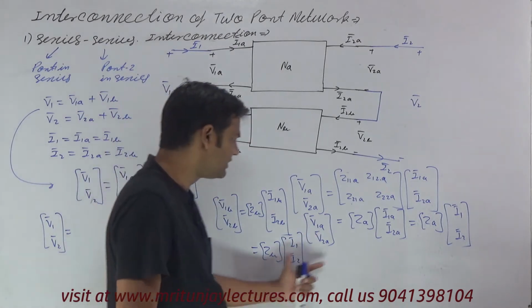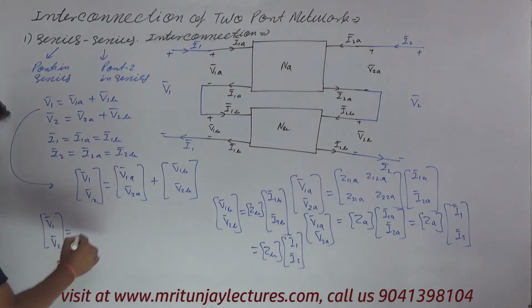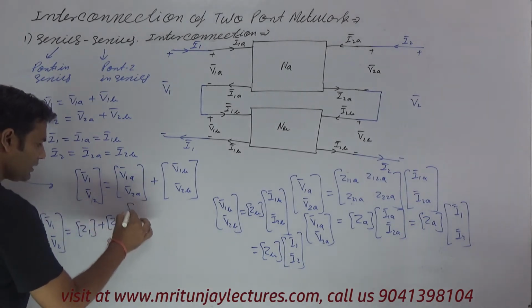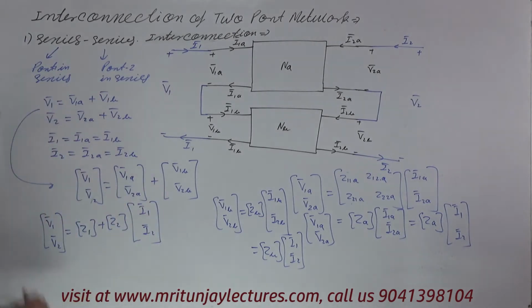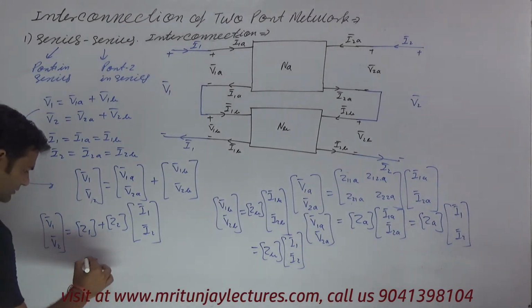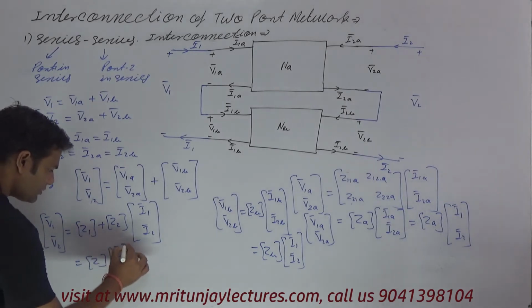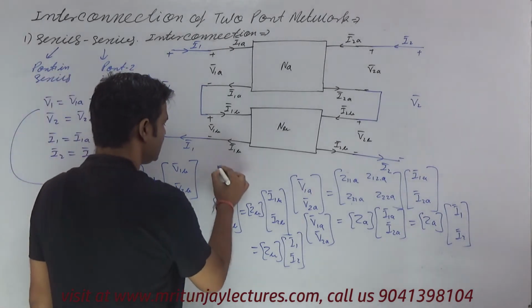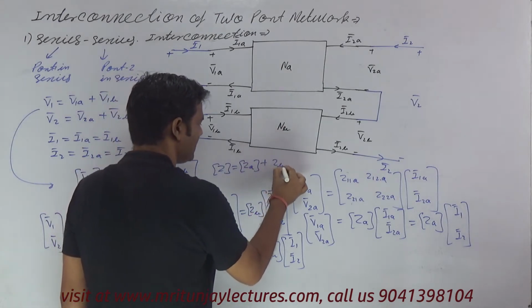Okay, if this value is put here corresponding to this one and this one, that is Z1 and Z2 and I1 and here I2. Okay, and this one is also written as Z, I1 and I2. Okay, now if we compare this one, then we get overall Z written as ZA plus ZB.